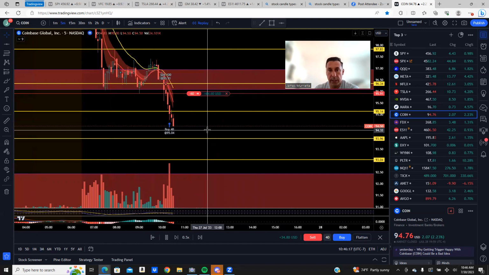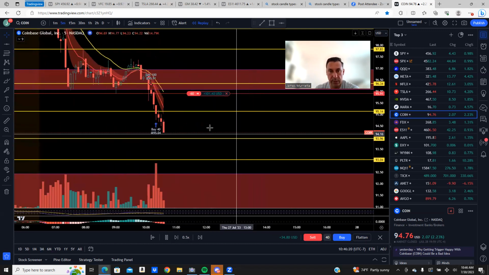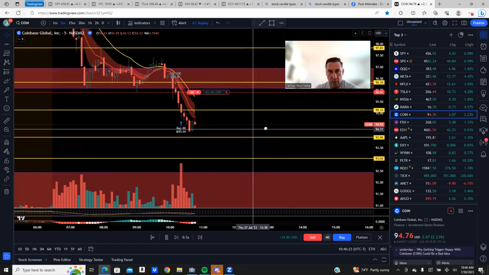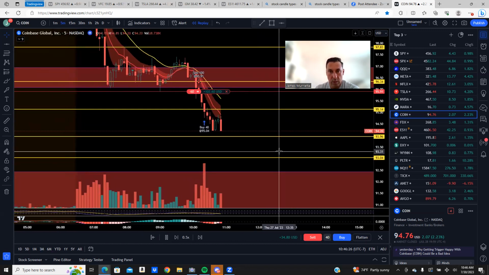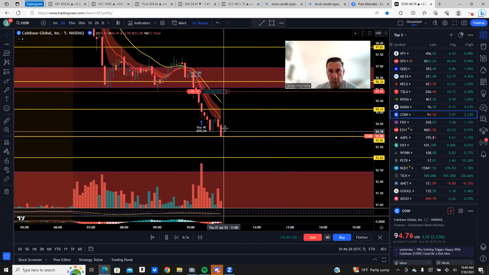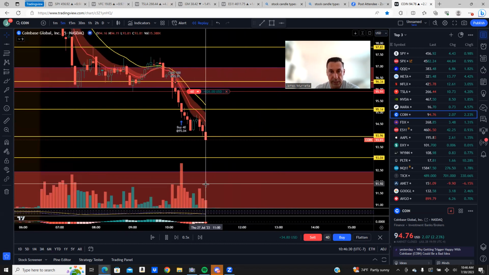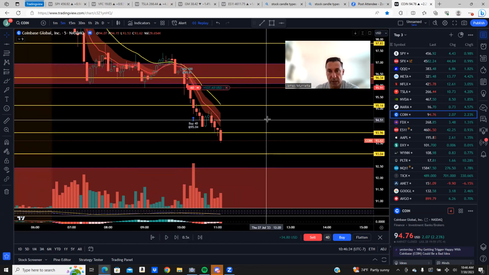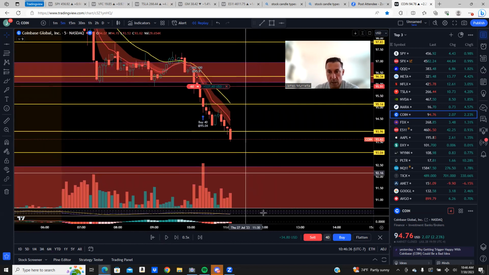At this point, this is already a winning trade, and we want to make sure that we keep this as a winning trade. So we're holding nicely here, pulling through here. We got the volume still. There we go, just hit our next price target. So we can go ahead and take some more off here.